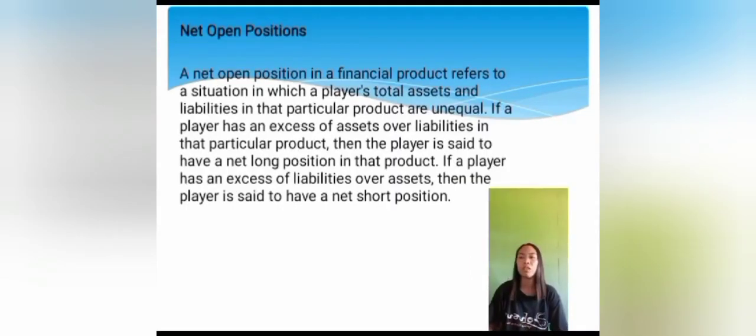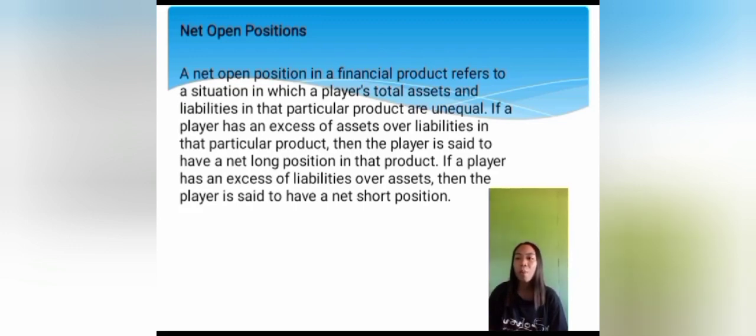Net open positions. A net open position in a financial product refers to a situation in which a player's total assets and liabilities in that particular product are unequal. If a player has an excess of assets over liabilities in that particular product, then the player is said to have a net long position in that product. If a player has an excess of liabilities over assets, then the player is said to have a net short position.